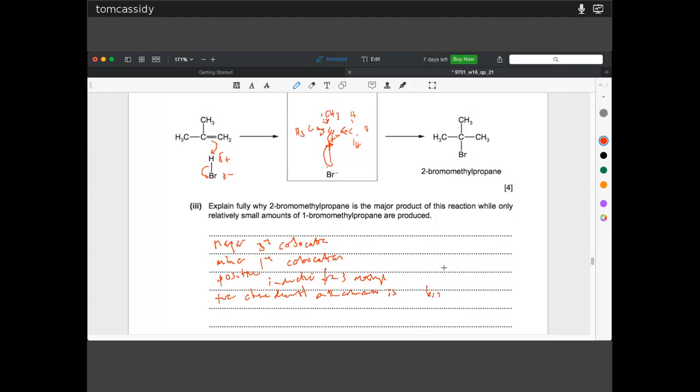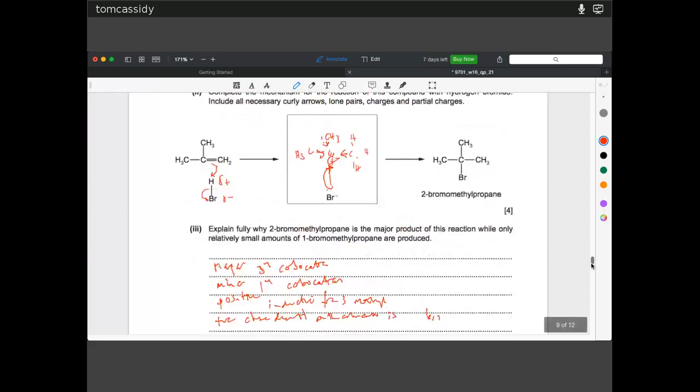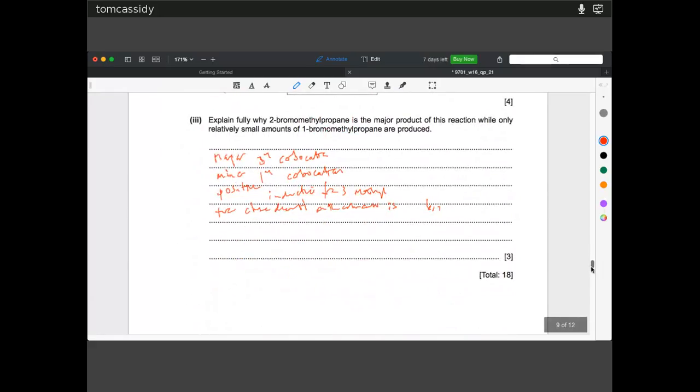And that's why the tertiary carbocation is more stable than the primary carbocation, because the positive charge density of the carbocation has been reduced because of the positive inductive effect of the methyl groups that surround it. And so that's a pretty good explanation. You're looking for 3 marks here of why you get 1 major product and 1 minor product. We've got our 3 marks there. Good, moving on.